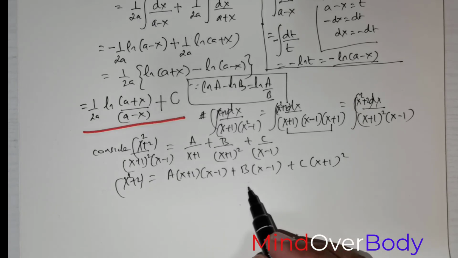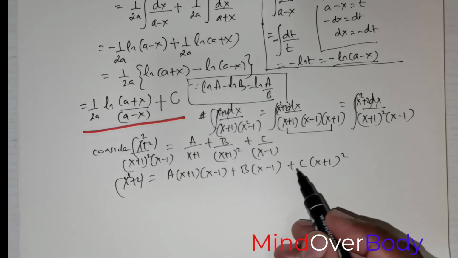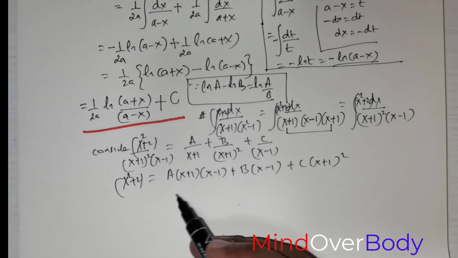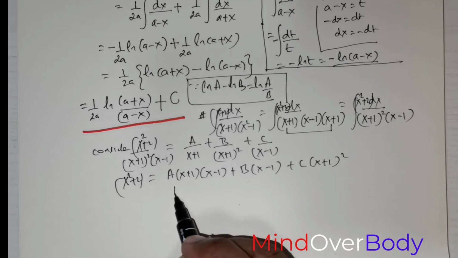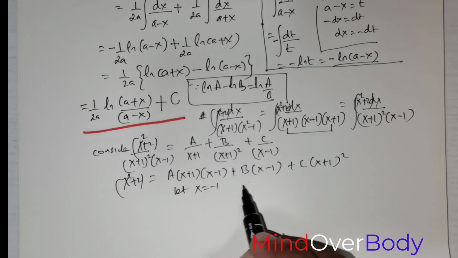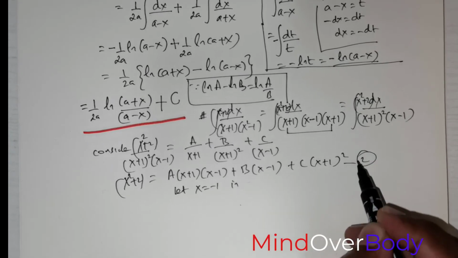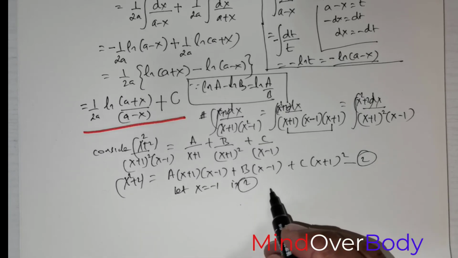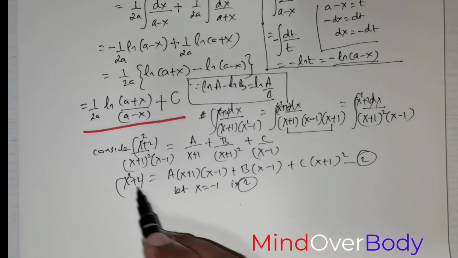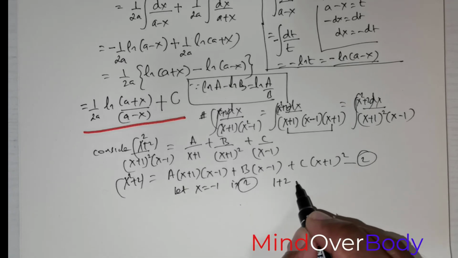As I mentioned to you, our objective is to get rid of these quantities a, b and c one by one. So foremost, I will try to get rid of this c. For that, let x be equal to -1 in equation 2, and that would give me on the left side (-1) squared, that's going to be 1 + 2.